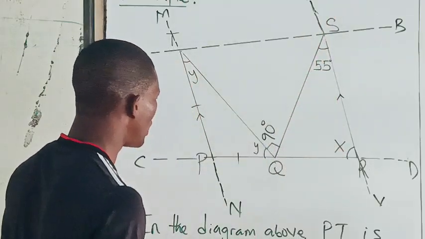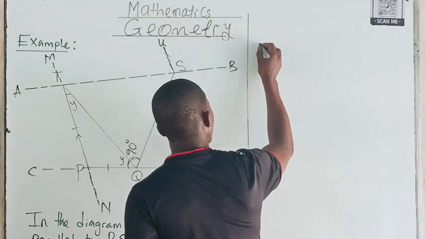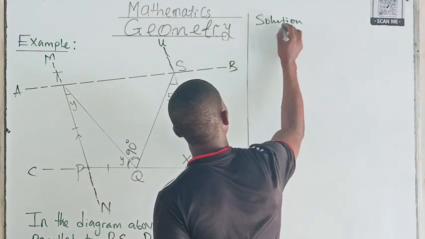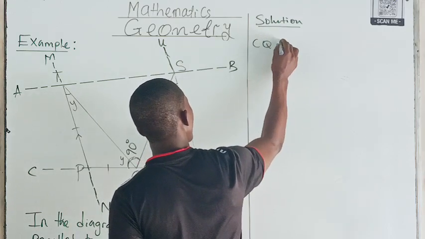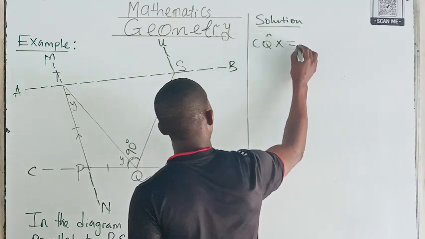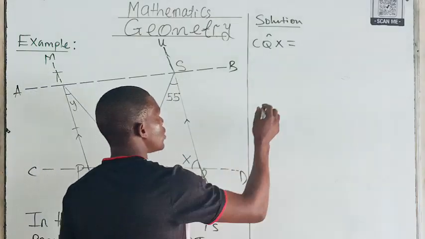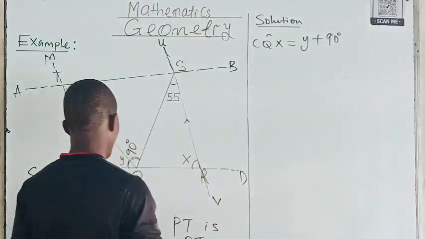Where do we start from? We consider this angle CQS. So angle CQX equals y plus 90 degrees.